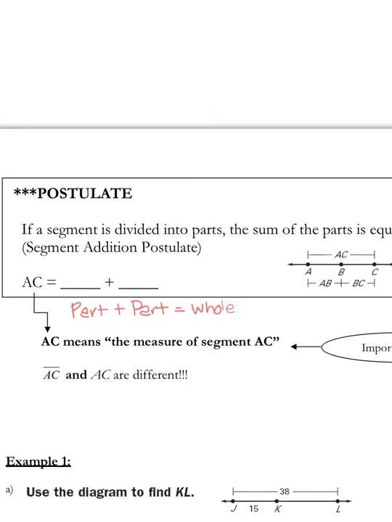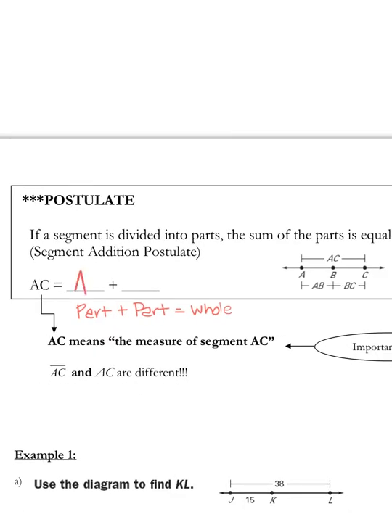So AC is the whole, and I'm going to add AB plus BC. So that's where the part plus the part equals the whole. And I think that this really helps understand the whole concept of segment addition postulate. We're going to do angle addition postulate and all these other things coming up.